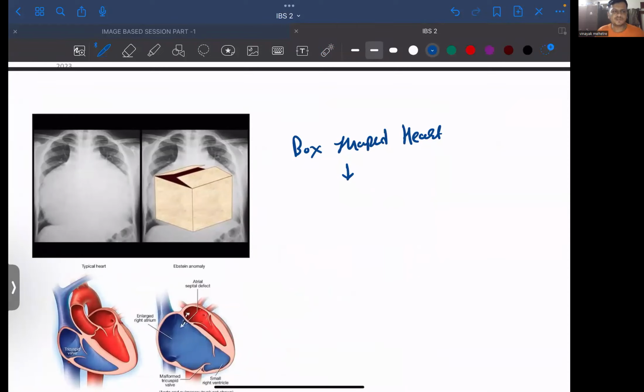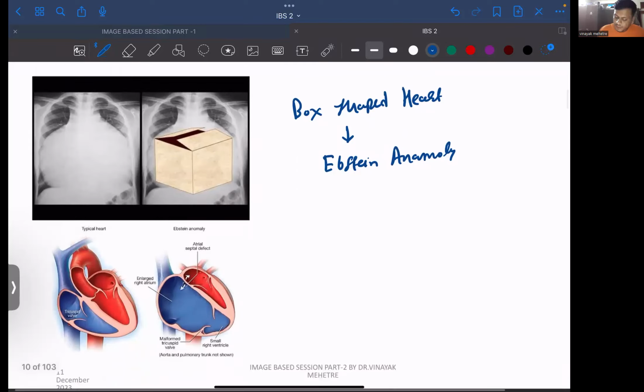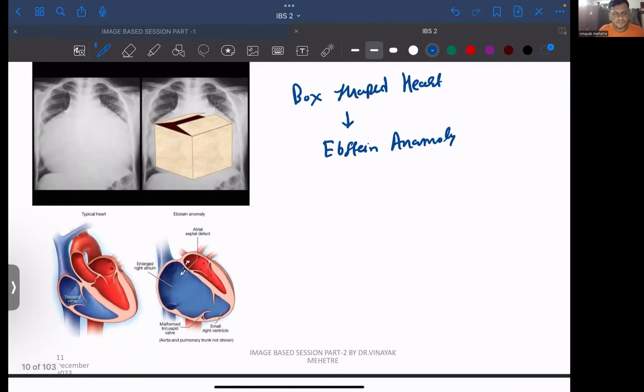It is seen in Ebstein anomaly, right? Which drug causes Ebstein anomaly? Anyone? Yes. How will you remember? The mother was mad.